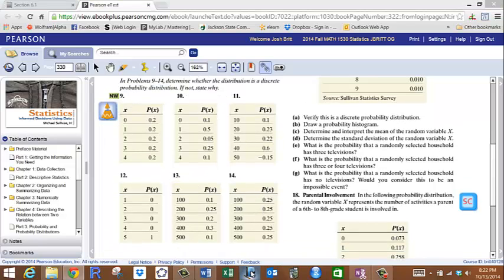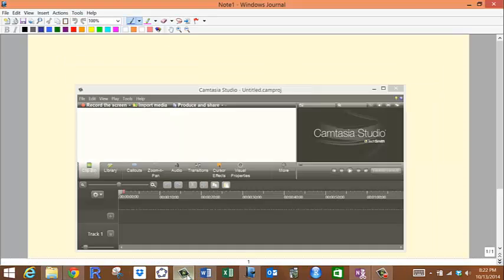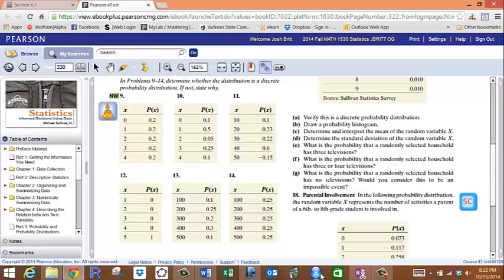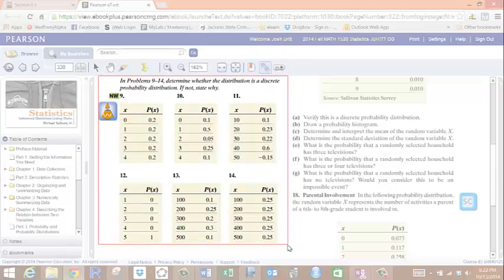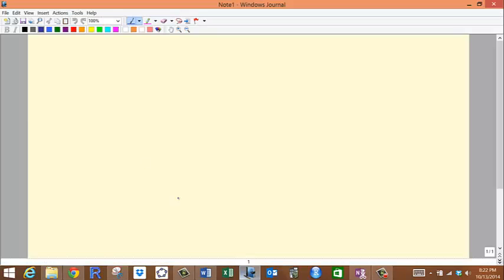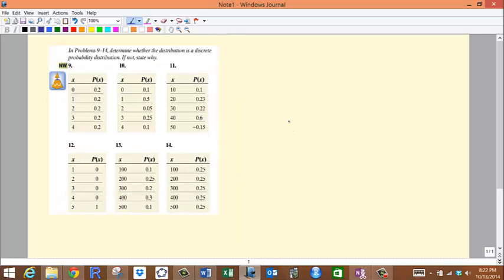Let me tell you what, while we're going through these questions here, I'm just going to open up this guy over here. And that way I can write down what we're actually doing here. Okay. So, like I said before, the probability that x takes on the value of 1 is equal to 0.2.